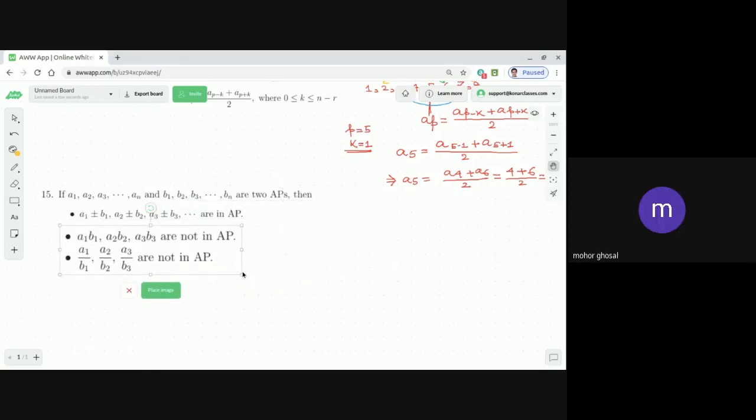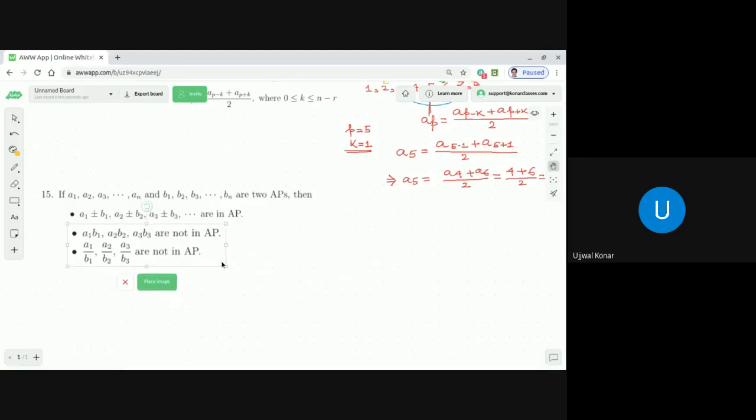That's what it is mentioning. And similarly, A1 by B1, A2 by B2, A3 by B3, they are also not in AP. Okay? Clear, no?